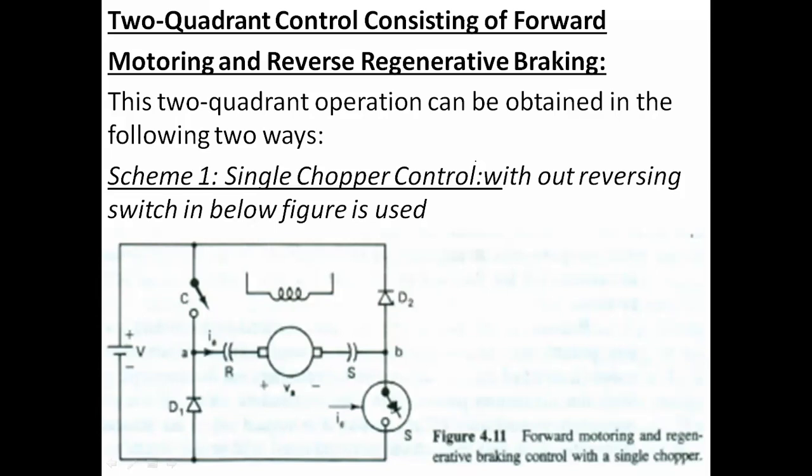This requires a chopper that can give positive voltage and current in either direction. It is rarely used, this two quadrant operation.